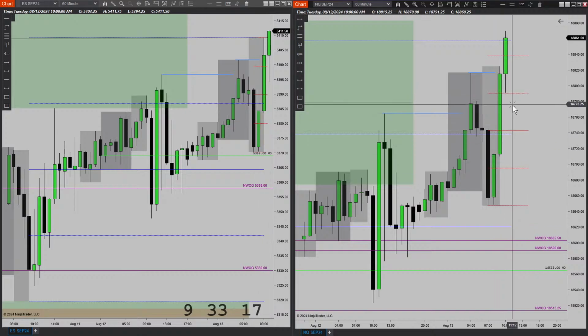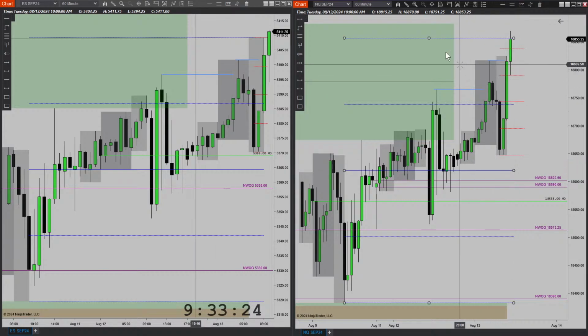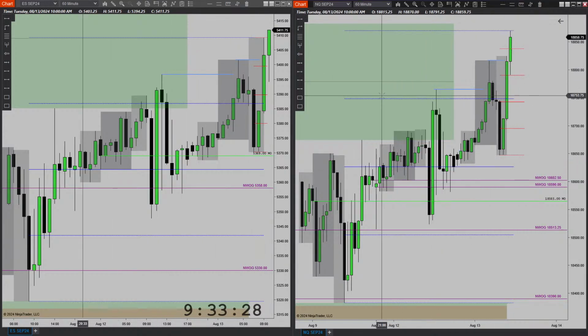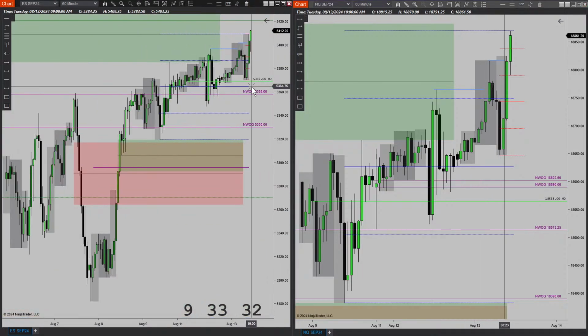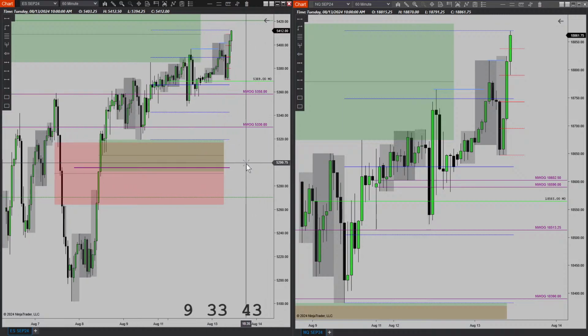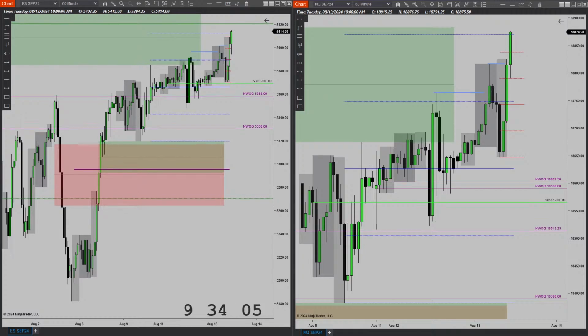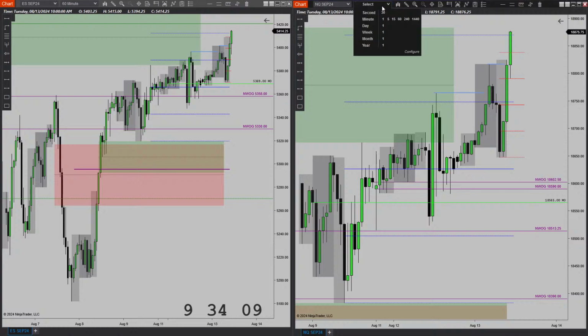So I want to see what price does if it comes back to this area. Let's take a look at the 5 minute.